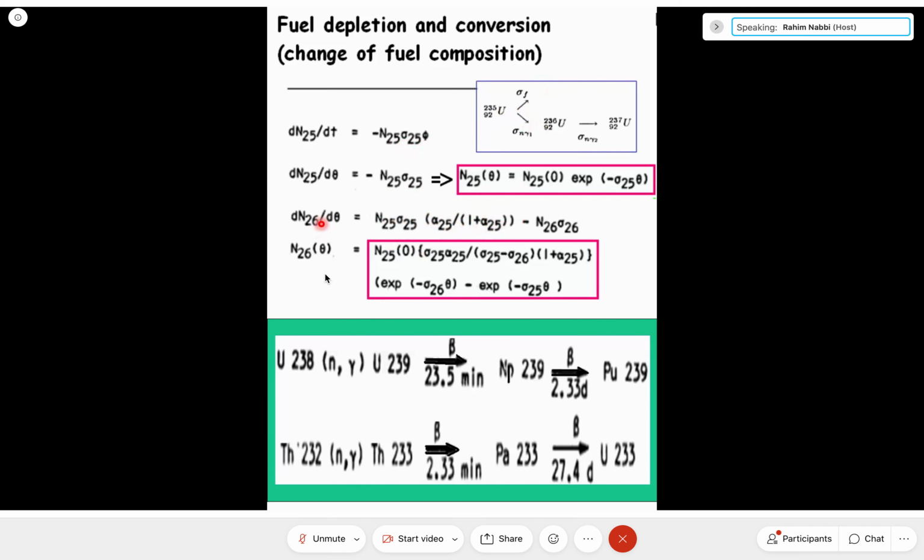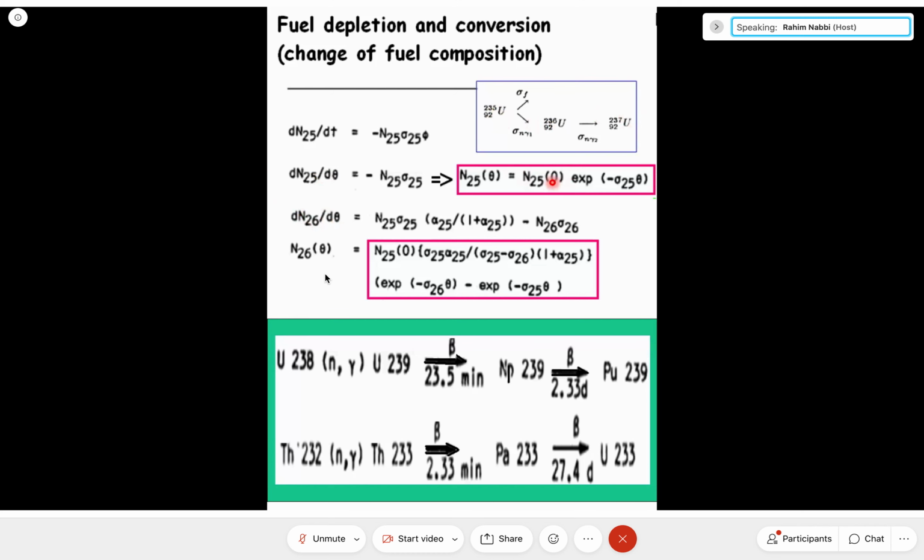Now, that is the main part, because along this chain here, uranium-235 is the first one, uranium-236, and then the following nuclides. So this can be solved too. We solved the first one, you remember?